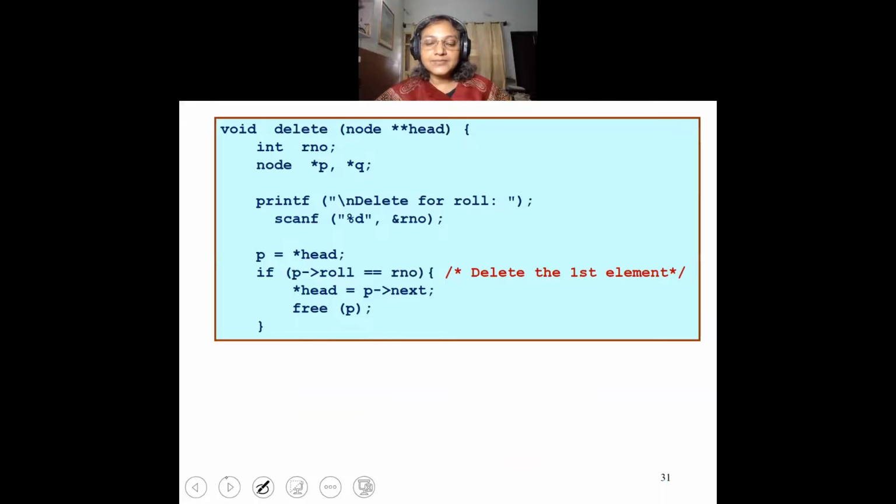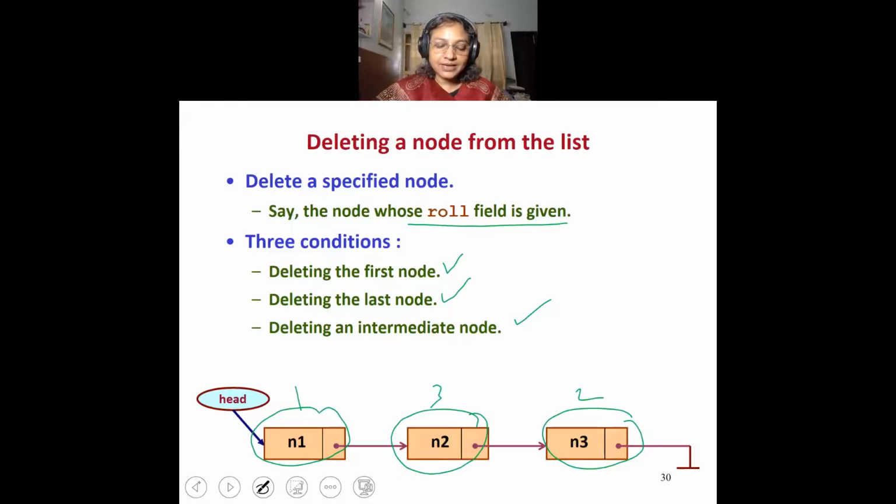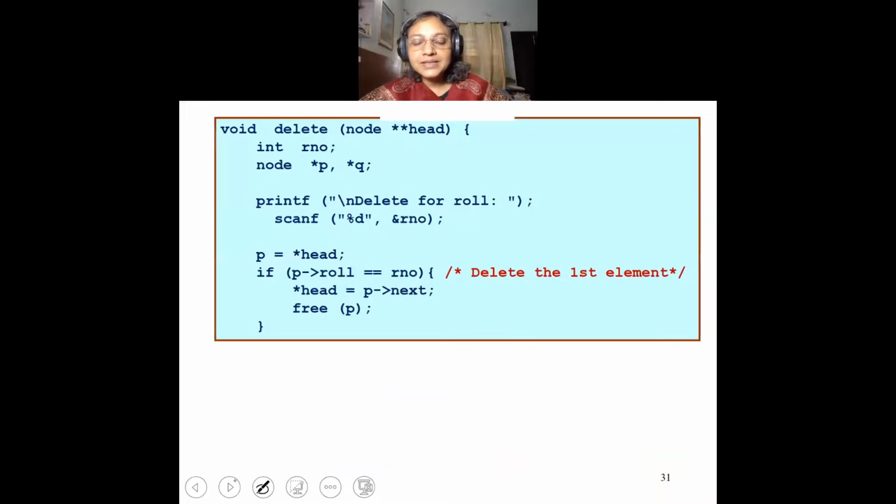Now let's look at this function. Because we can delete the first node, if we delete the first node, head will change. So we are passing a pointer to the first element. That's why we have defined head to be of type pointer to node pointer.